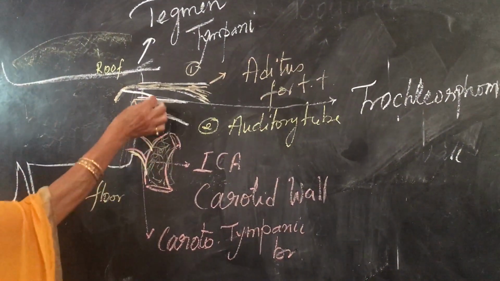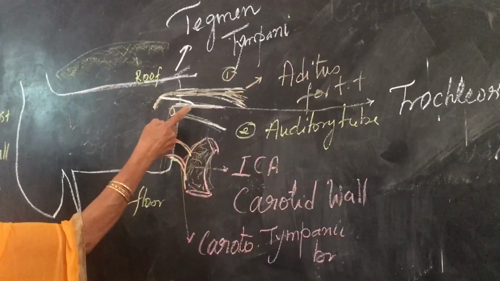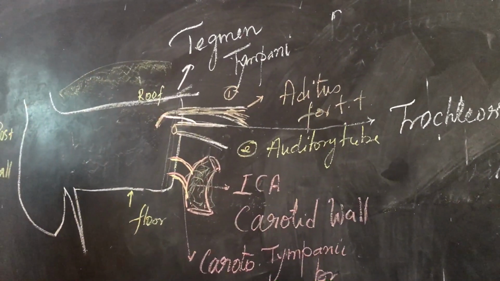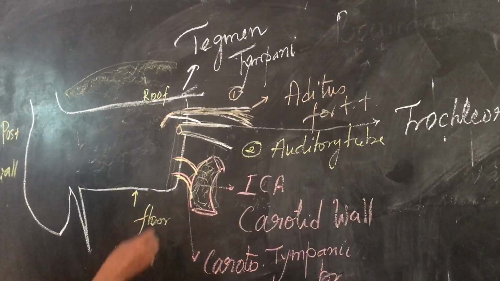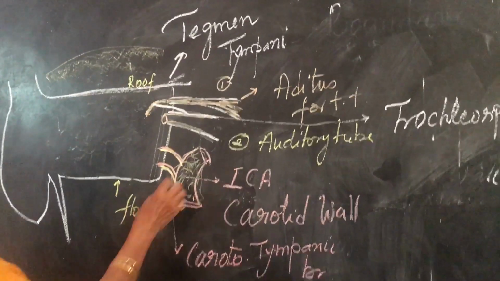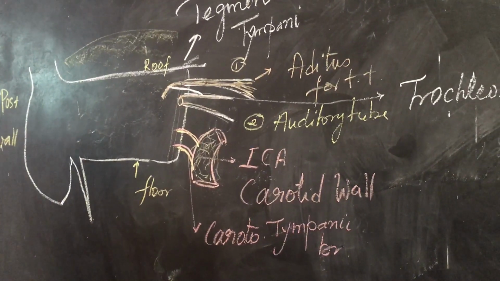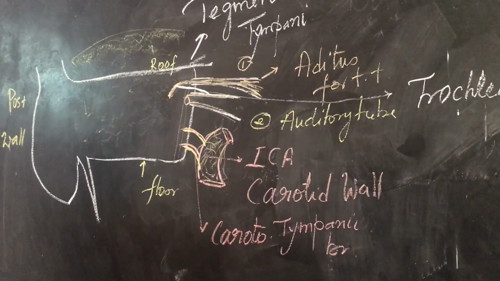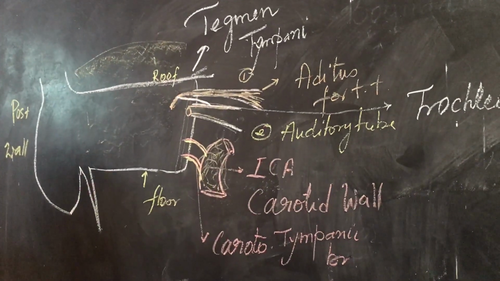A small split of bone from the groove of the auditory tube extending onto the tendon of tensor tympani. Beneath the auditory tube, you have the internal carotid artery along with the sympathetic plexus and caroticotympanic branches from the artery as well as from the sympathetic plexus.